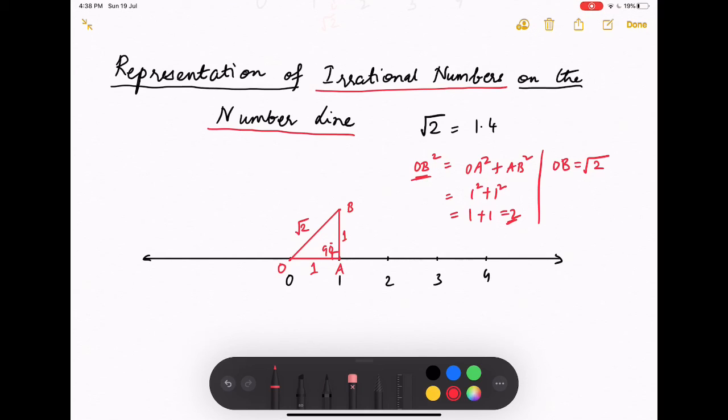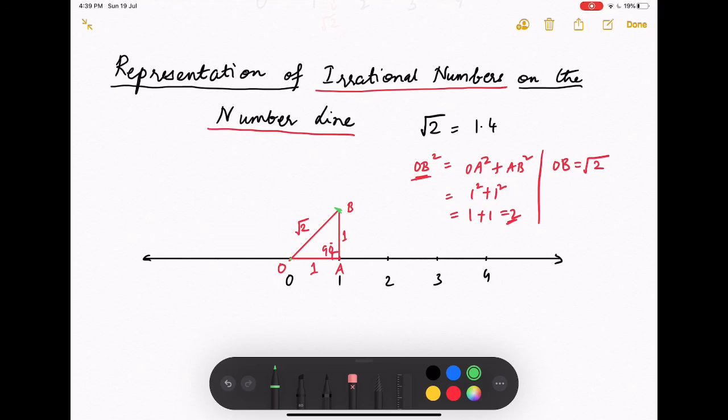Now if we want to represent on the horizontal line the value of root 2, what we can simply do is take 0, the point O, as the center, and measure the radius as OB.